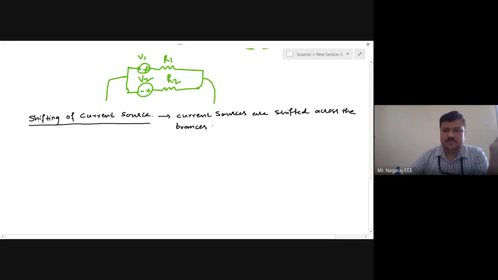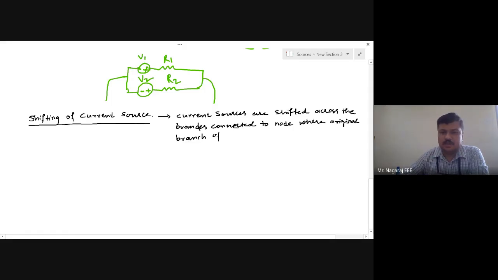Current sources are shifted across the branches connected to the node where the original branch of the current source is connected.